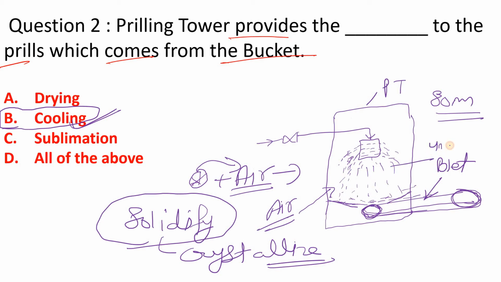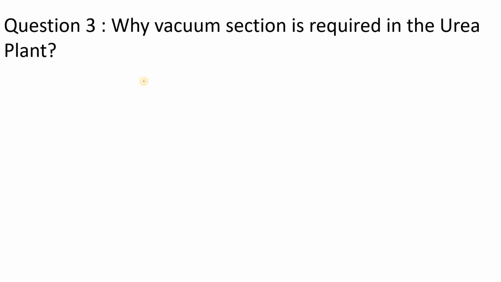Now let's see a very important question: why is a vacuum section required in the urea plant? Vacuum means below atmospheric pressure.